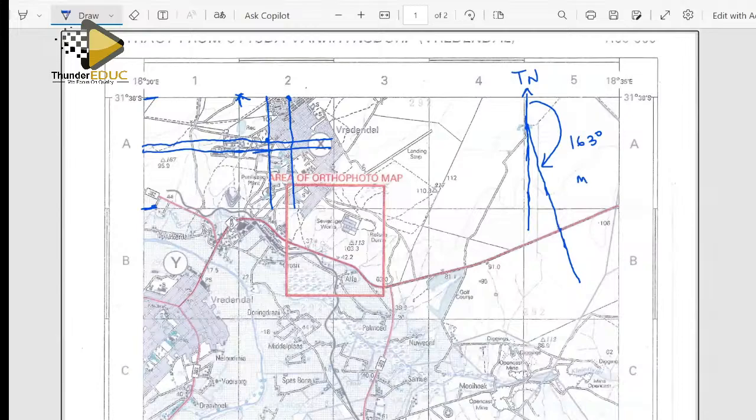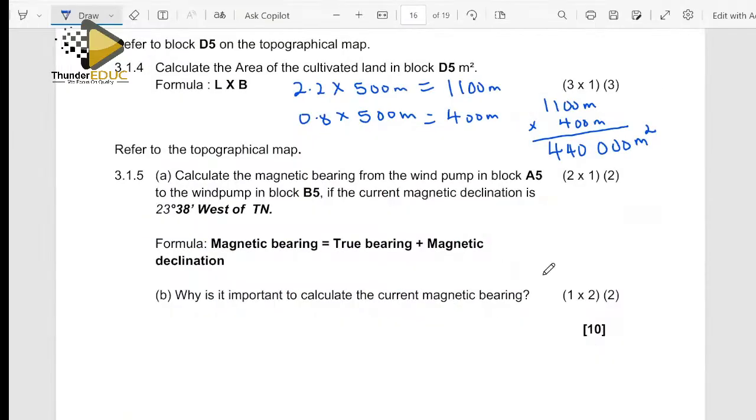Then with that value, we want to calculate magnetic bearing. Our magnetic bearing, we know, is true bearing plus magnetic declination. That information of magnetic declination is already provided. So we just want to use the true bearing information. So we are now saying our magnetic bearing is equal to 163 degrees plus magnetic declination 23 degrees and 88 minutes.